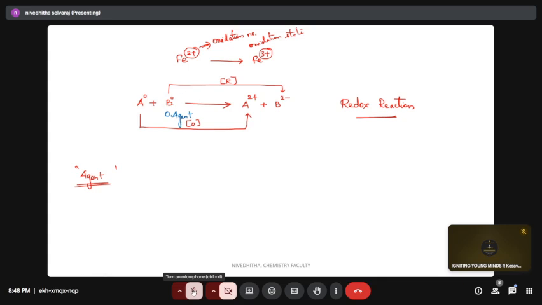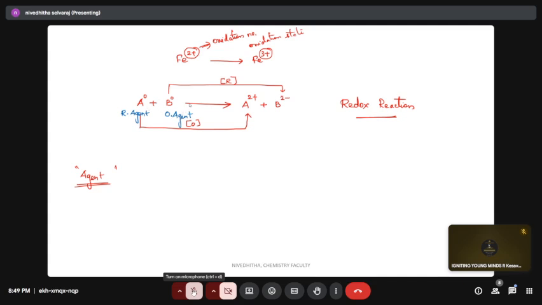And similarly, what is happening to B? B is getting reduced, because B gained an electron. But who gave that electron? A. And A was responsible for B getting reduced. So A is called a reducing agent. The reducing agent will oxidize itself and help in reducing some other species.